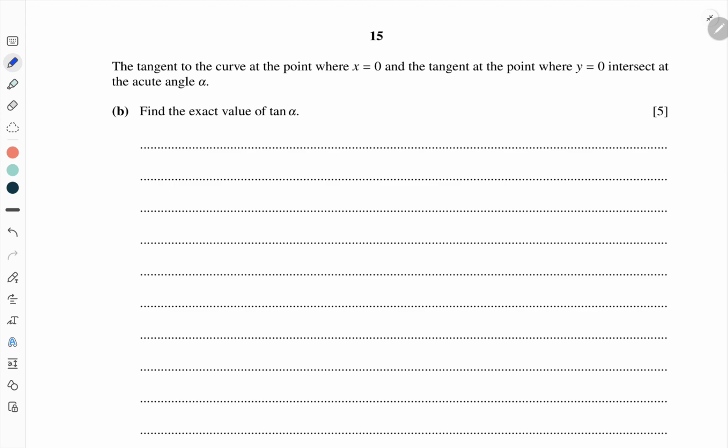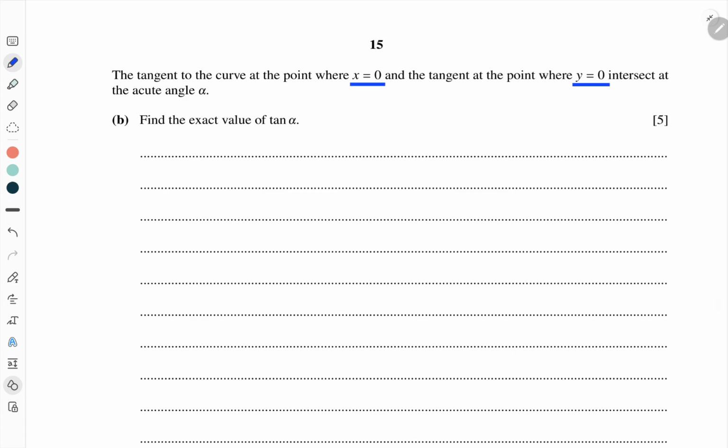Now the tangent to the curve at the point where x is 0 and the tangent at the point where y is equal to 0, they intersect at the acute angle alpha. Find the exact value of tan alpha. All right, so our first task right here is to get the complete coordinates where x is 0 and where y is 0.